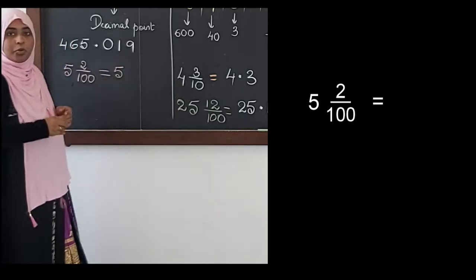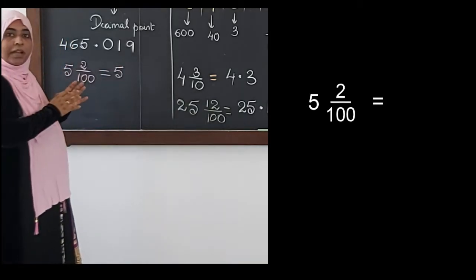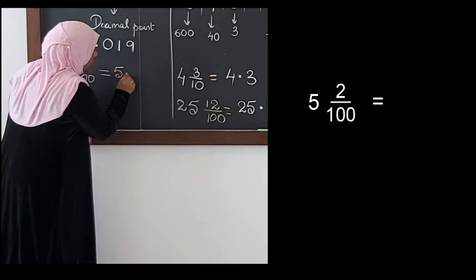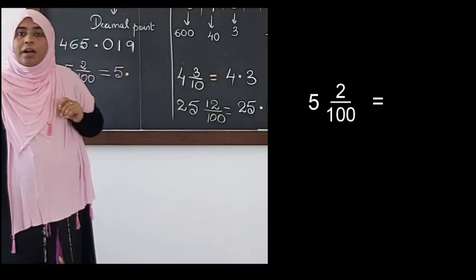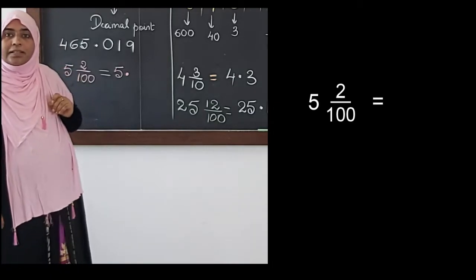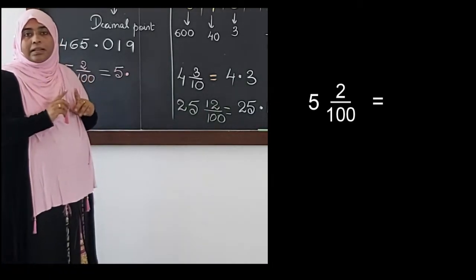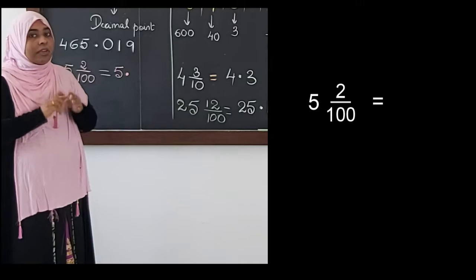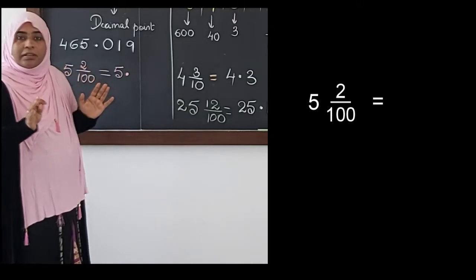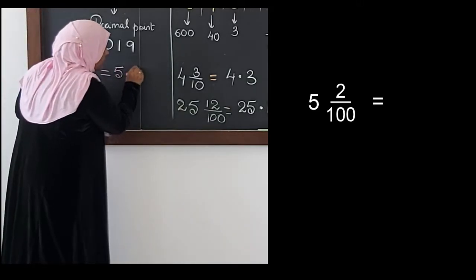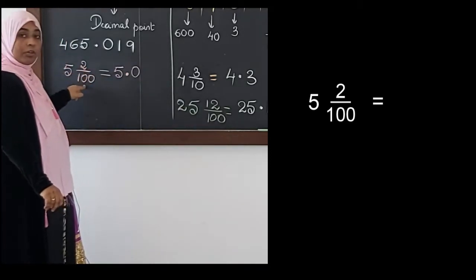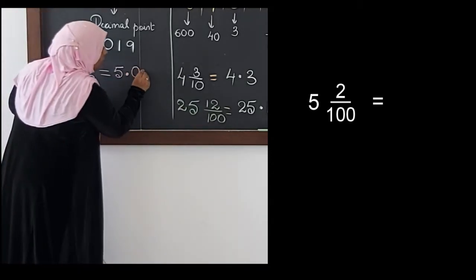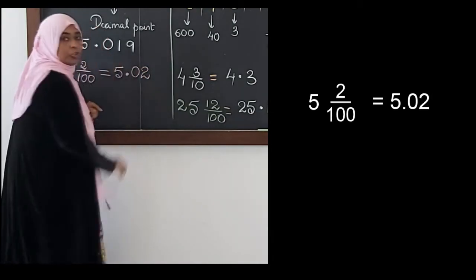Then we know that before we write the fraction part, we have to put a decimal point. Now we have 2 out of 100, right? So how will we write that? In our 10th place we have no digit to be written, so we will add a 0 in our 10th place, and 2 is out of 100, so in our 100th place I will write 2.